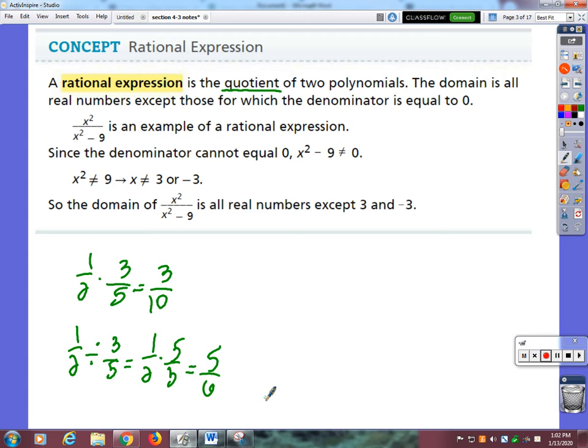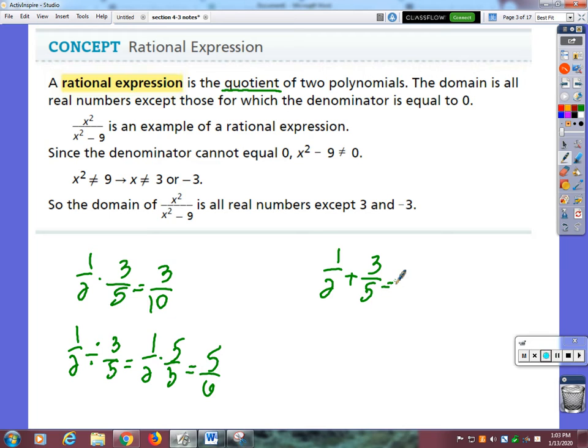What do you have to do if you are adding two fractions? Okay, that's where you need to get a common denominator, okay? So that's a little bit more complicated, and it's especially complicated when your denominators are polynomials, okay?